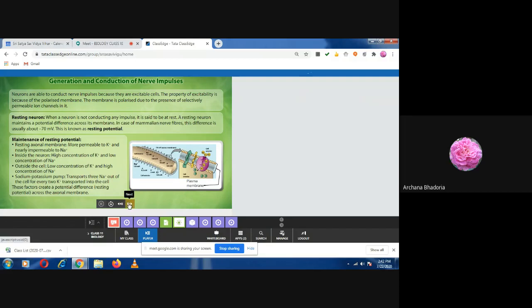Neurotransmitter. And the gap between the nerve ending of one neuron and the dendrites of another, what is it called? Synaptic cleft. Very good. So through the synaptic cleft, the neurotransmitter will be transmitted.